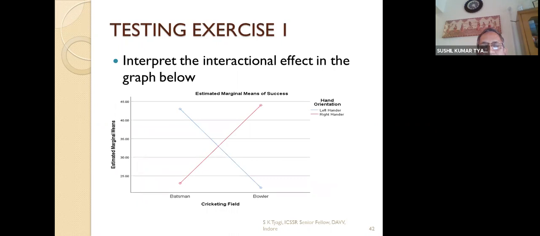Now, I am finished with this, but before I take up testing exercise, let me show you how to conduct post hoc test. Although post hoc tests are almost totally similar to one-way ANOVA.